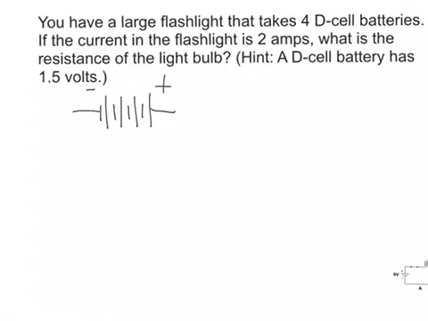You may have discovered with this circuit building that as you add more and more cells or batteries in series, the voltage would get higher. So when you have the 1.5 volt D cell battery and you start adding more of them together in series, those voltages add up.